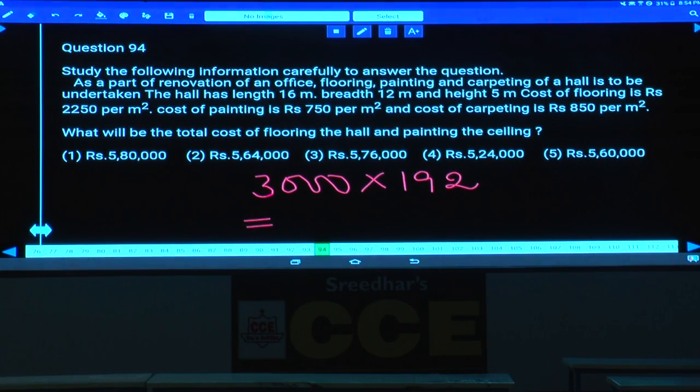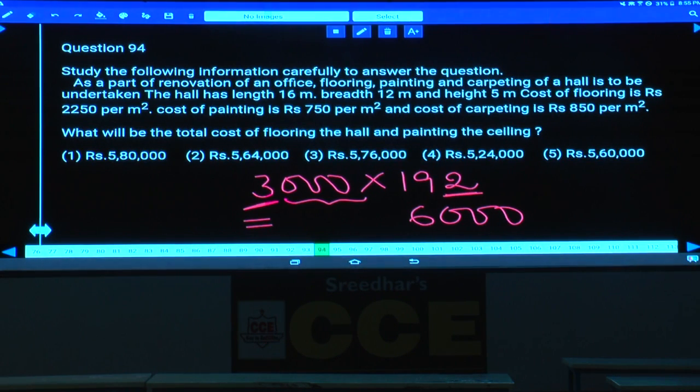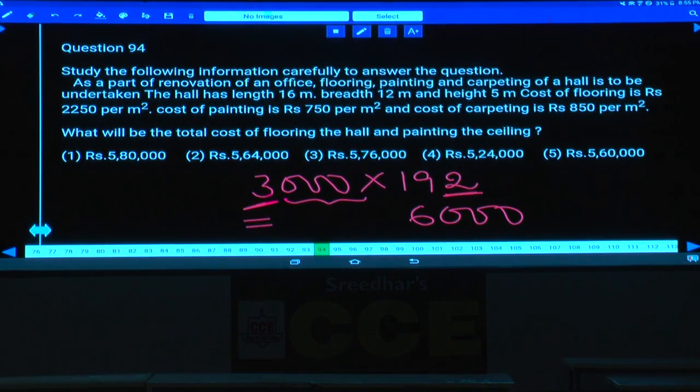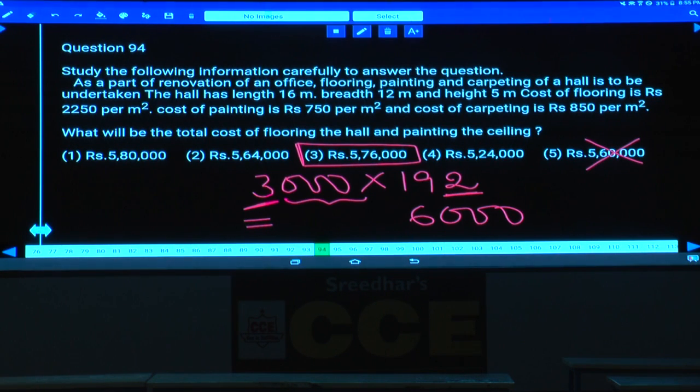Answer should end with 6,000. You have 3 zeros. 3 into 2 ends with 6. After that you should have 3 zeros. Answer should end with 6,000. How many options are there? Only one. This is 60,000. The fifth option is having 60,000. But your answer should end with only 6,000.